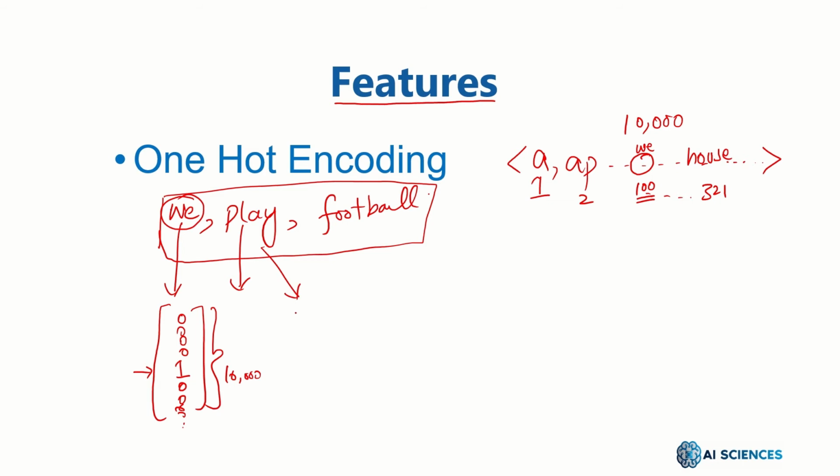Similarly, we can have one-hot encodings for the words "play" and "football." These one-hot encoded vectors can be treated as feature vectors, and we can then learn different machine learning models based on this sequence of feature vectors.